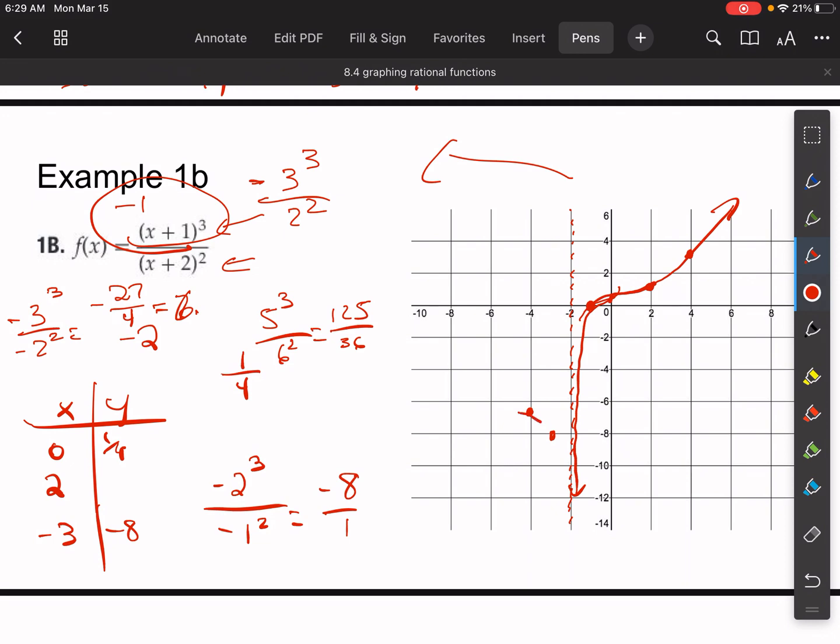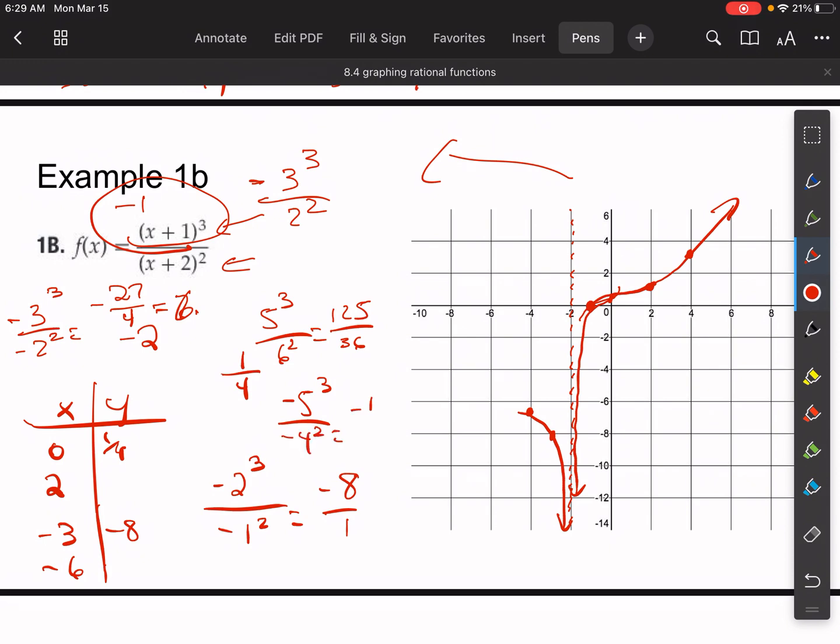So at -3, I'm at -8. And then we know that this is going to approach this guy. But what happens if I keep going here? Let's do one more. So if I do a -6, maybe that'll tell me how this thing behaves. At -6, we have -6 plus 1, which is -5, -5 to the third over -6 plus 2 is -4 squared.